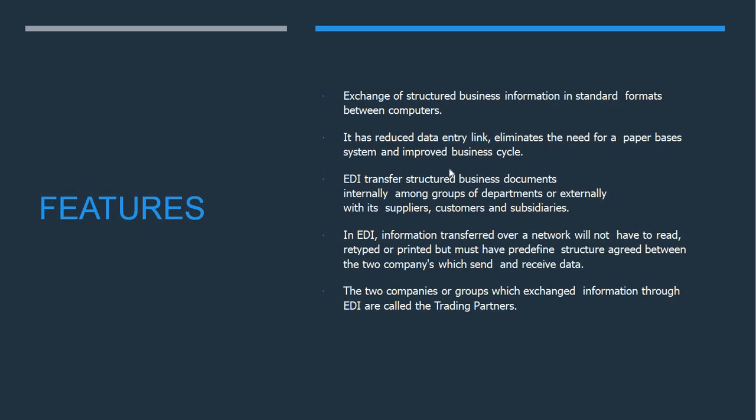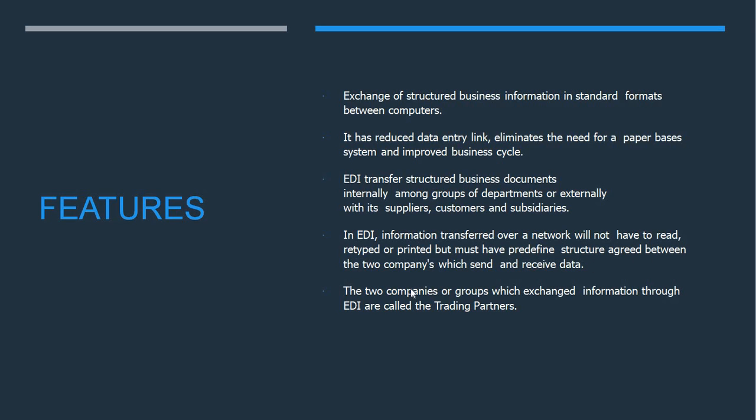As I told you, it always has a structured format, through which it transfers documents internally and among groups of departments. In EDI, information transferred over the network does not have to be read, retyped or printed, but must have a predefined structure.